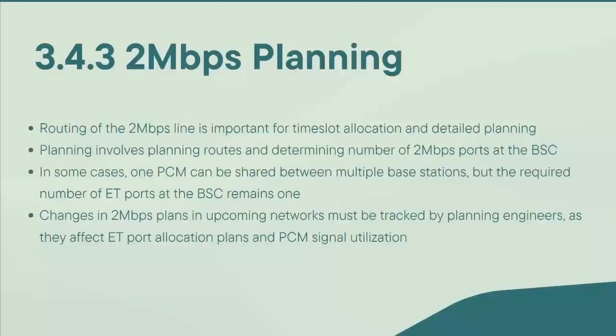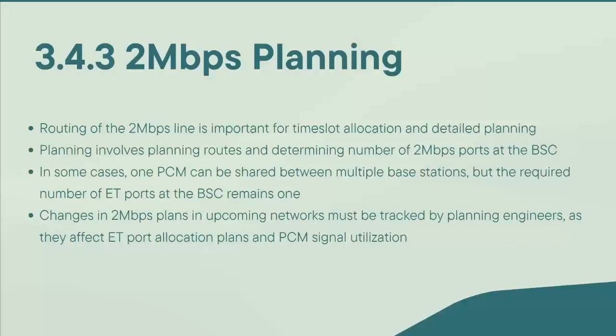So moving on to the 2 megabit per second planning. The routing of the 2 megabit per second line is important for time slot allocation and detailed planning. Planning involves planning routes and determining the number of 2 megabit per second ports at the base station controller.